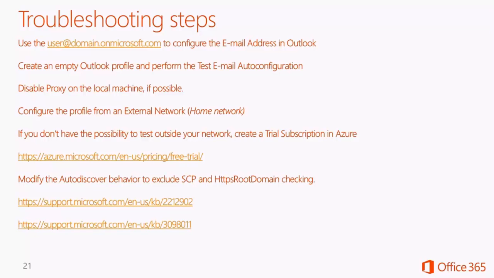If you do this, exclude SCP, exclude HTTP root domain, exclude HTTPS domain.com Autodiscover domain, the query will be done directly to autodiscover.outlook.com. It will skip the others. So do the test with that.